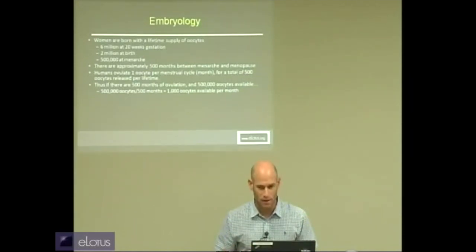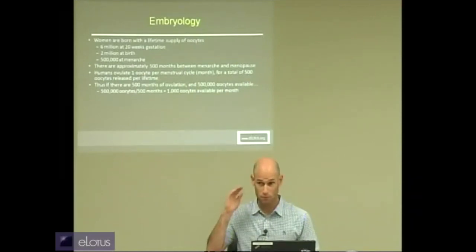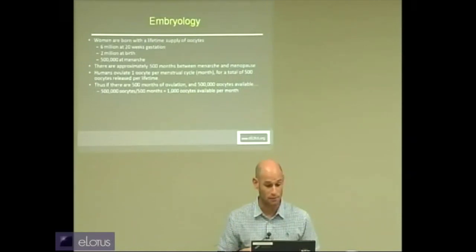Before the heart starts beating, before the brain is formed, the eggs are being made. And from about 5 weeks gestation until about 20 weeks gestation, about 6 million eggs are formed. And then from 20 weeks gestation on, no more eggs are ever made.